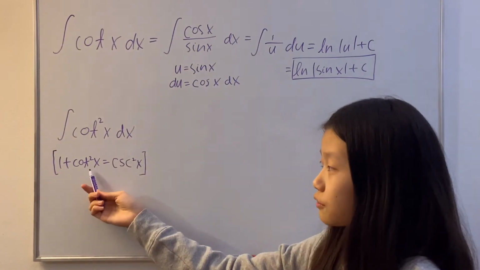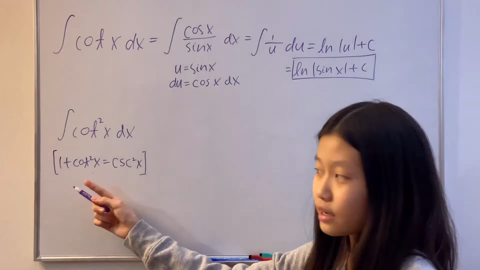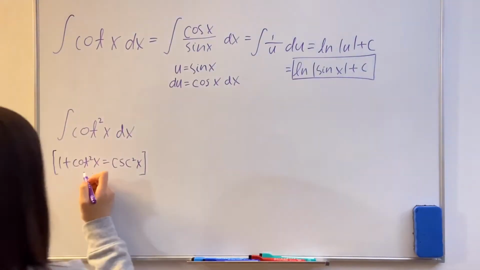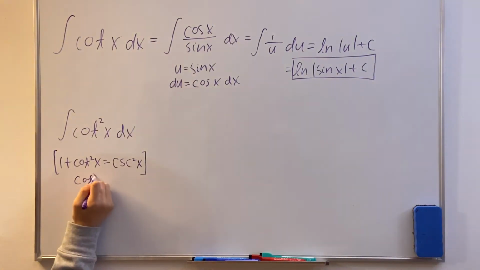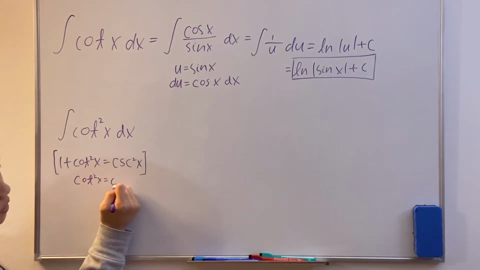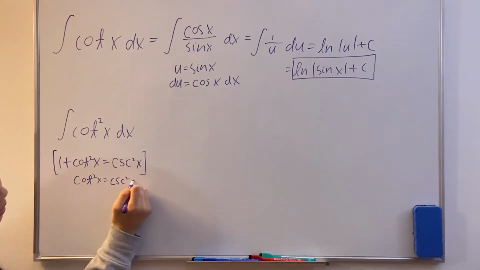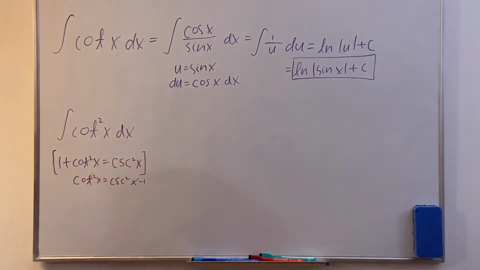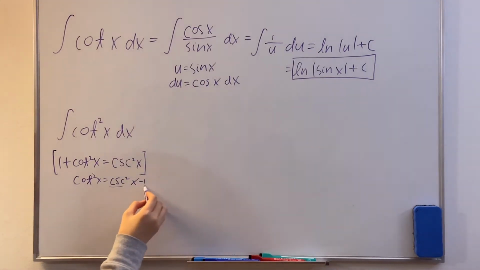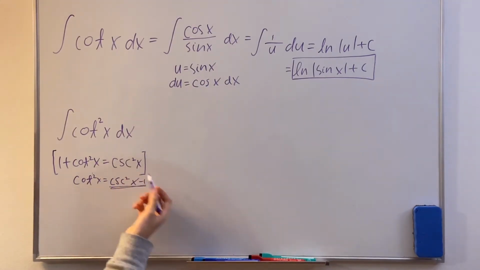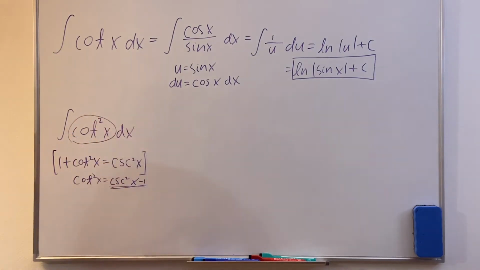So if we solve for cotangent squared x, we would have cotangent squared x is equal to cosecant squared x minus 1. We're going to replace cotangent squared x with cosecant squared x minus 1 here.